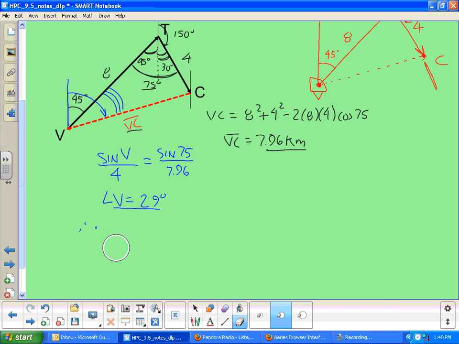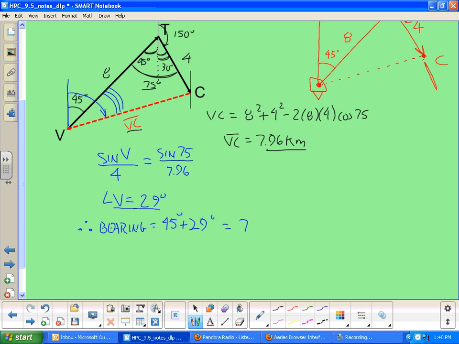Wouldn't you have 45? Yep. So our bearing would be the 45 degrees plus the 29, or 74 degrees. So there's all of our information. And this would be bearing V to C. That's how you can write it like that.